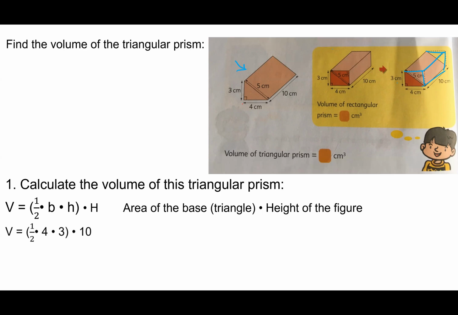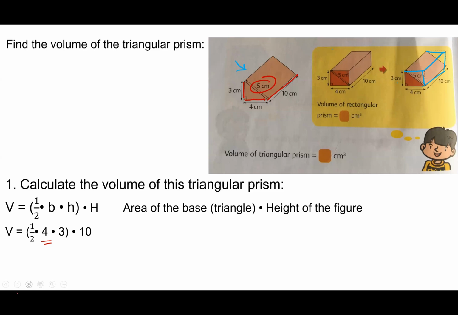Yep, 1/2, 3 times 4, that's going to give me this area. And then we want to add in the height of the figure, which is the space between the two congruent bases. So in this figure, it's 10. So our volume formula is 1/2 times 4 times 3 times 10. Why am I not using this value right here?